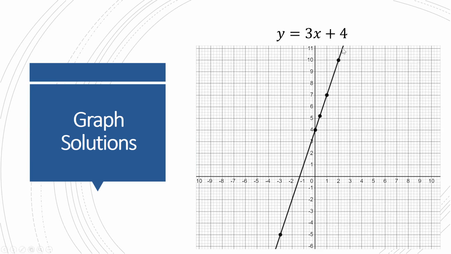And so what we will do is we'll connect these dots. And not only are those 5 points solutions, but every single point along this line is a solution to the equation y equals 3x plus 4. So there are infinitely many points, and they all fall on that line.